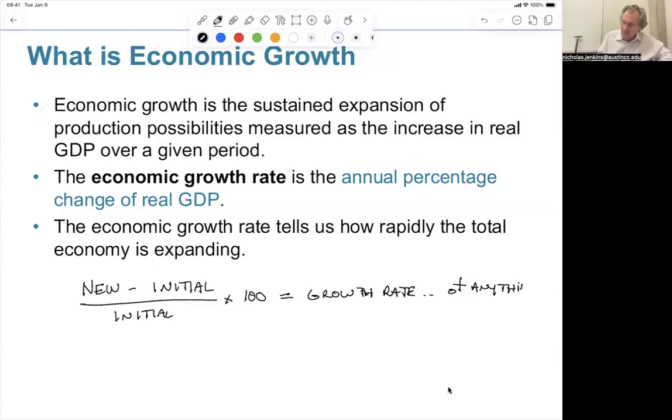But we're going to convert it to be able to use it with GDP. So we'll replace these amounts with GDP.